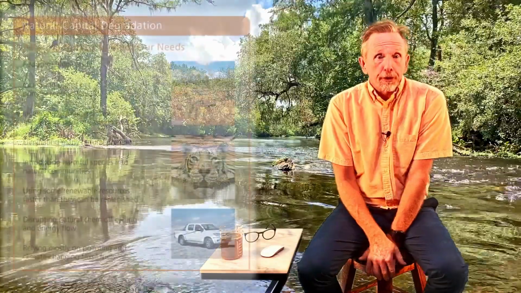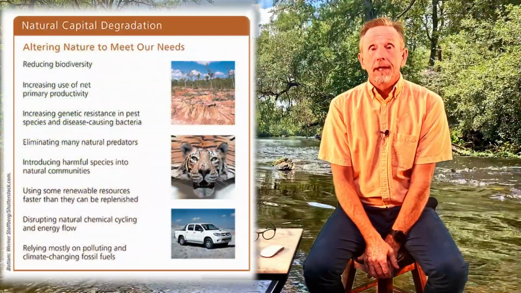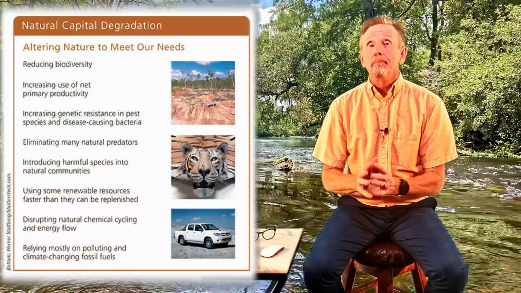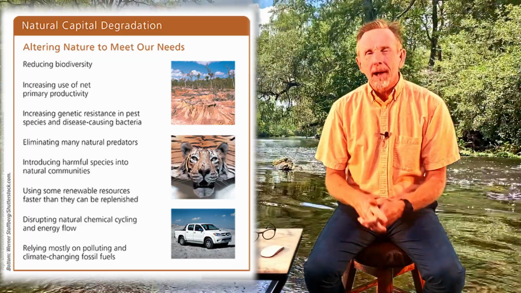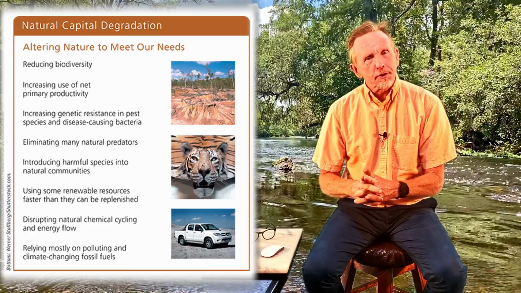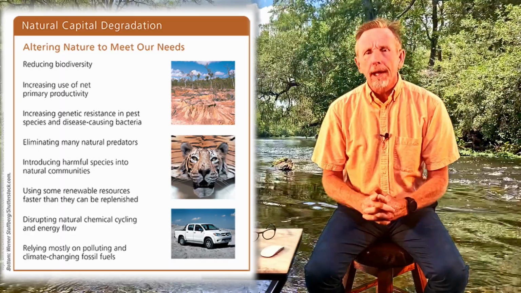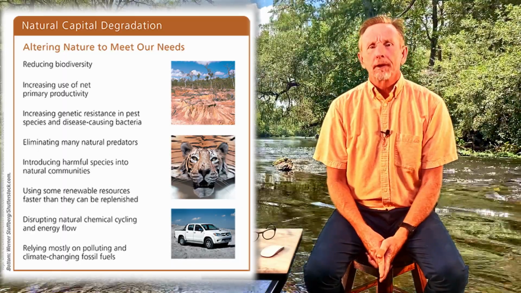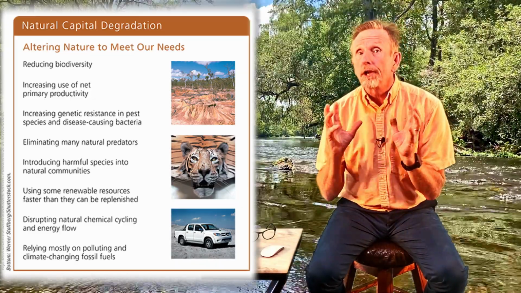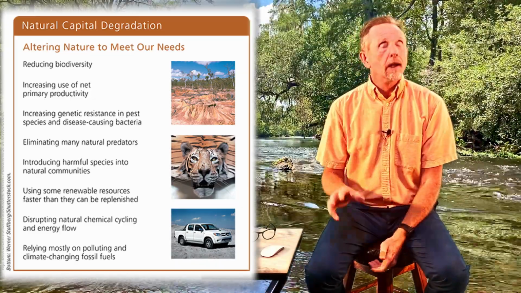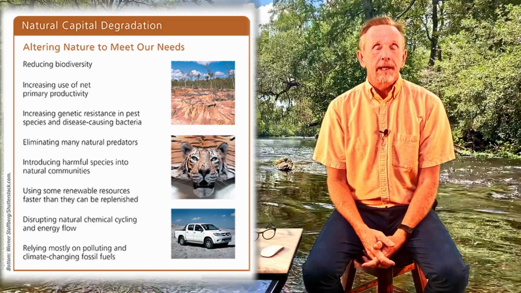We have altered natural systems in the world in 8 major ways. Picture up here is a little pull-out from the book. It might be hard to read in the picture-in-picture, so you can look at the book or PowerPoint, these natural capital degradations. Some of the things that humans are specifically doing to the natural capital out there, and these are all unquestionably being done.